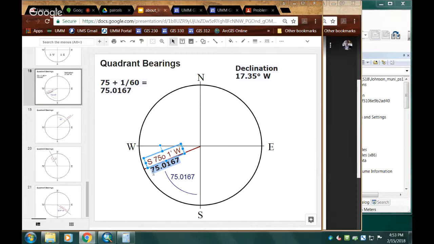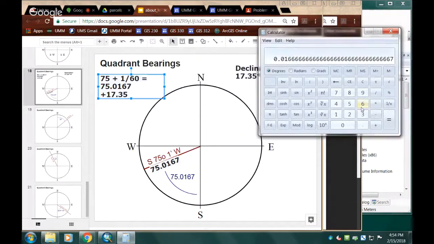Okay, so now it's 75.0167 degrees this way. We need to go that way, 17.35 degrees. So to do that, we're going to increase how far we go from south. It's going to run us into a little problem, but that's okay. So 17.35 is going to be added.